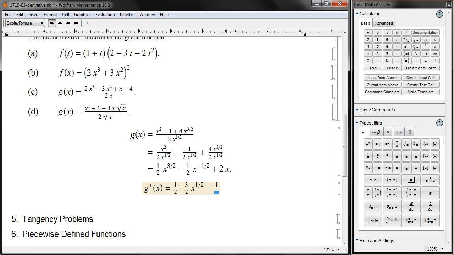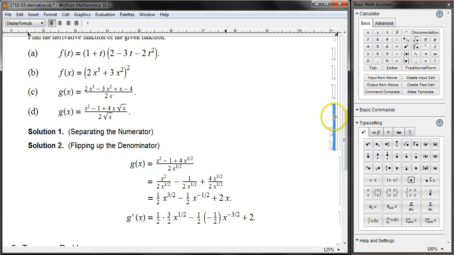Next, 1/2 was there before, multiply by the power, negative 1/2, and subtract 1 from the power. Finally, the derivative of 2x is just 2, and there goes the derivative computation. You can simplify, but I'd rather stop here.